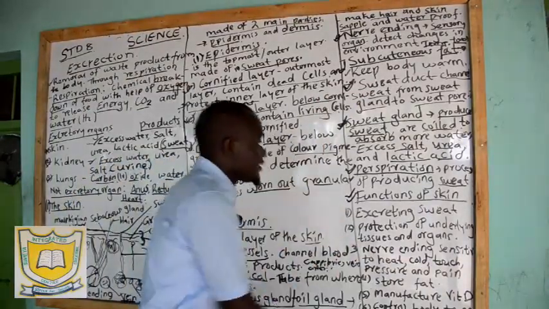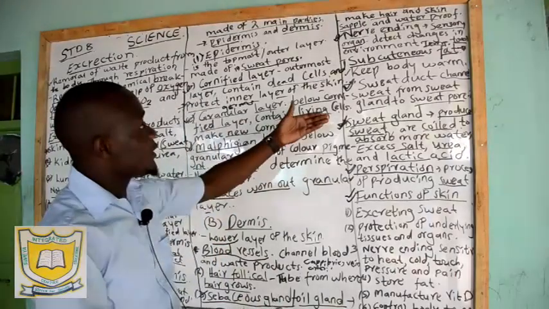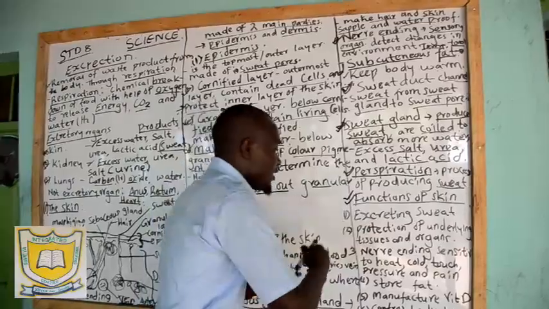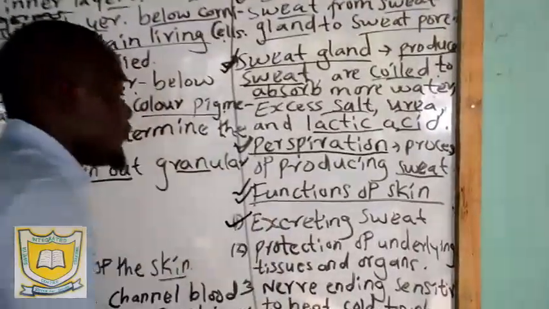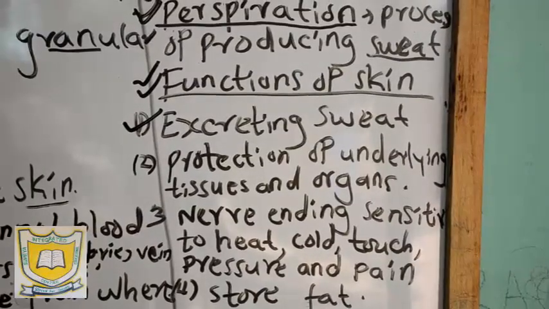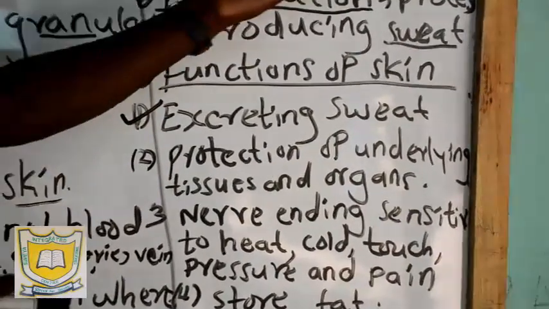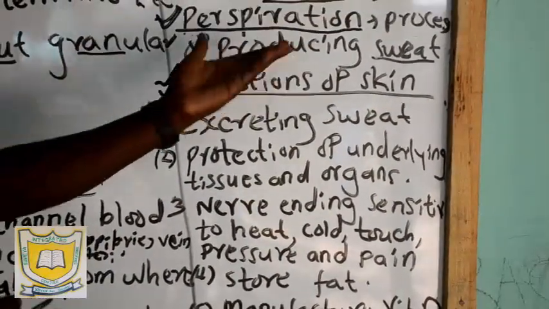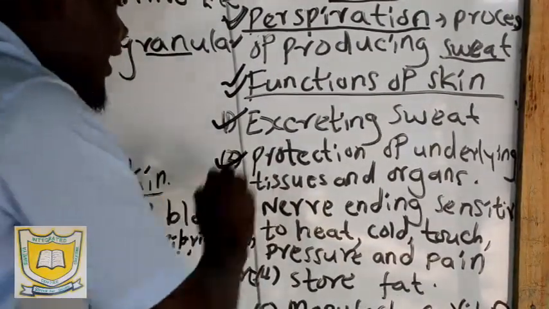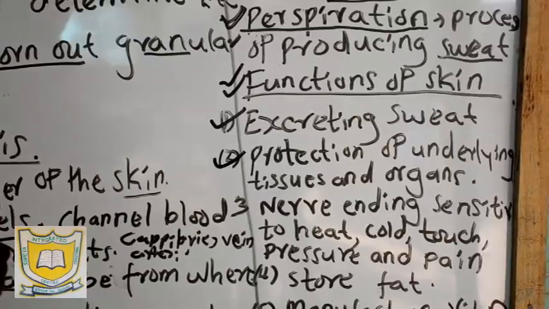We said it carries out excretion of sweat. That is number one, excreting sweat, and sweat is a combination of water, salt, urea and lactic acid. Number two, protection of the underlying tissues and organs.